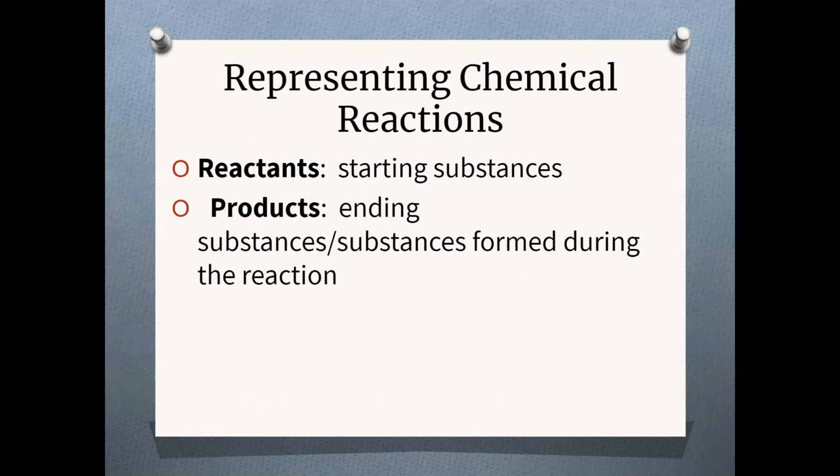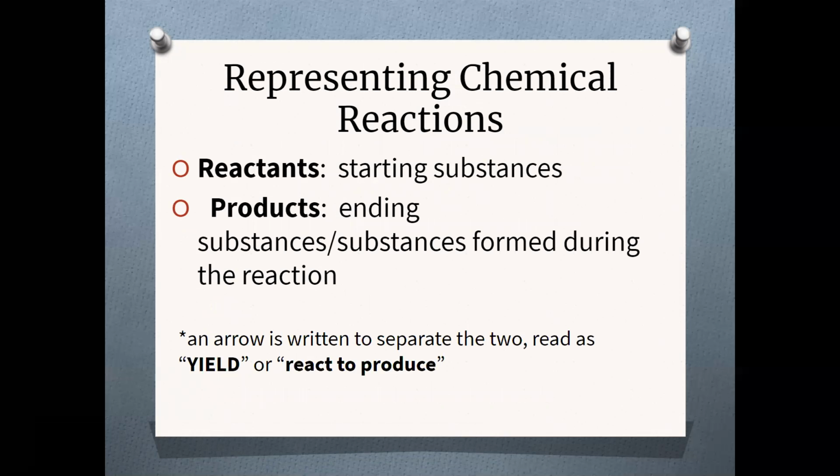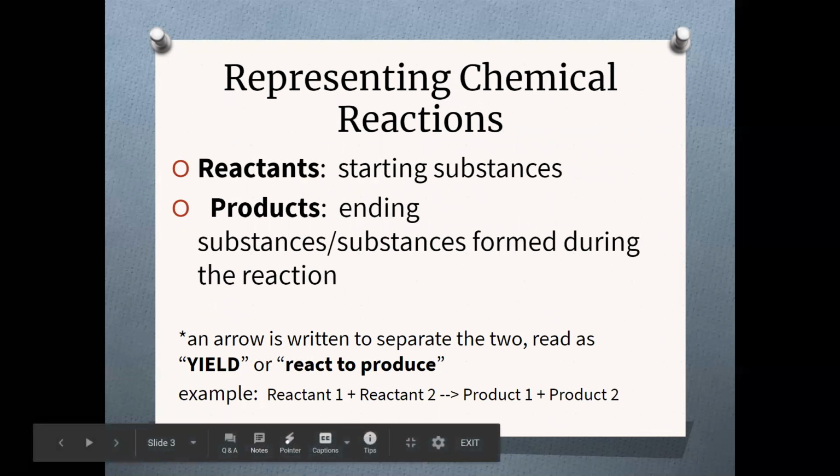Okay, so how do we represent chemical reactions? Well, we have reactants and we have products, and we have an arrow in between them. On the left side, we're going to have our reactants, what we are starting with. On the right side, we're going to have our products, or what we're ending with. And in the middle of them is an arrow that's going to point towards the product.